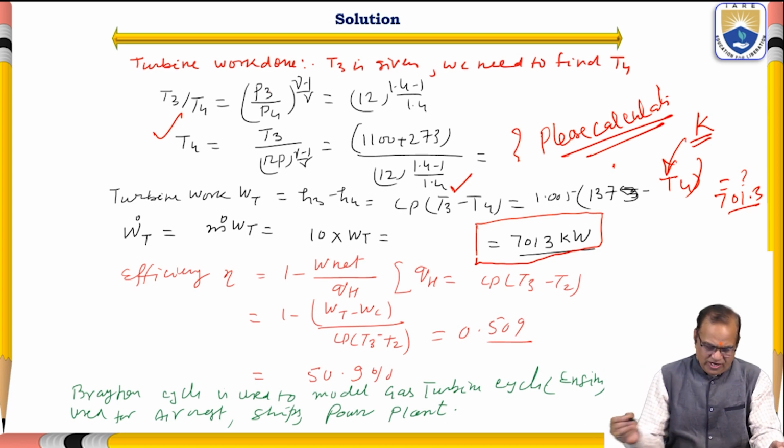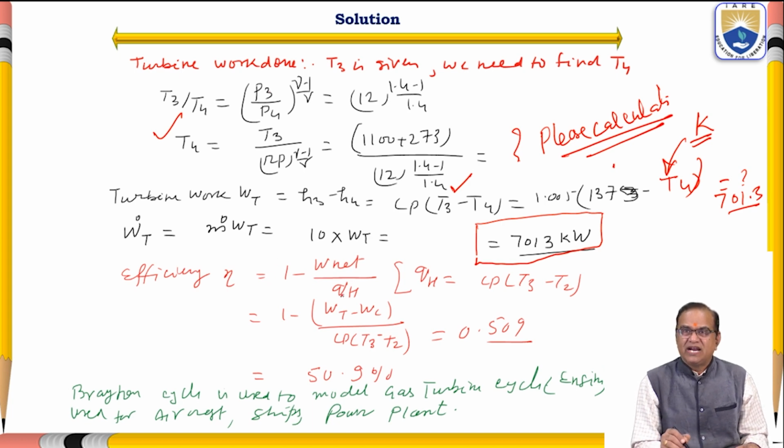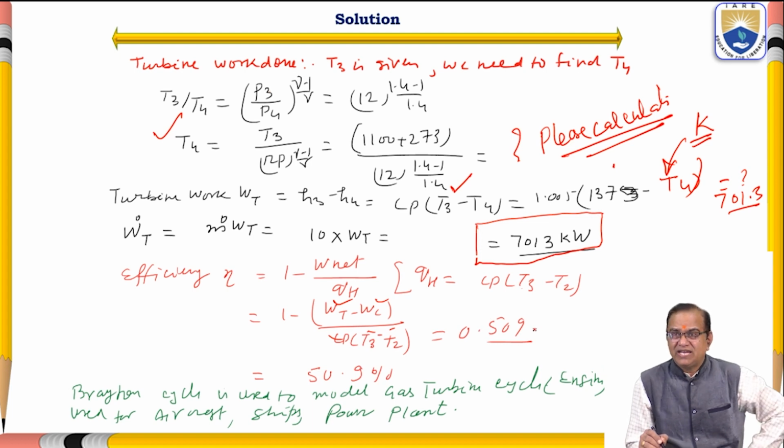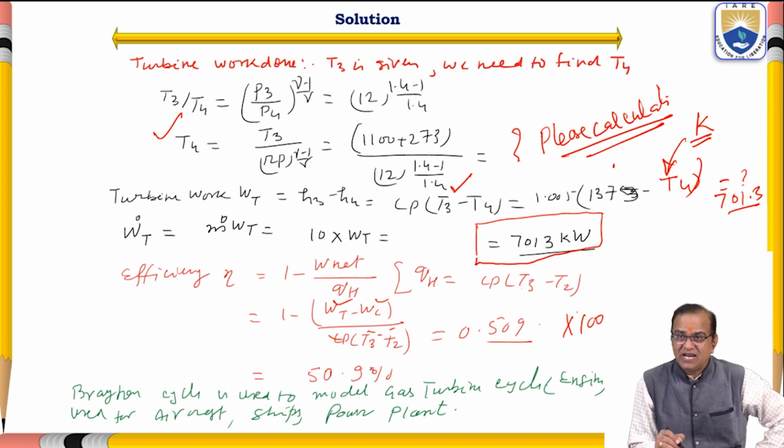Now you can find the efficiency: eta is equal to work net divided by QH, where QH is equal to Cp (T3 minus T2) and work net is equal to Wt minus Wc. We have got all these items. You just put the value. You will get 0.509 and you multiply it by 100 because we have to get the efficiency in percentage. So the efficiency is 50.9%.